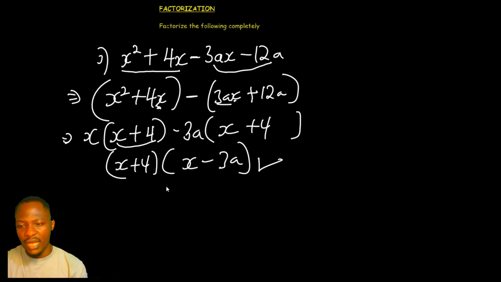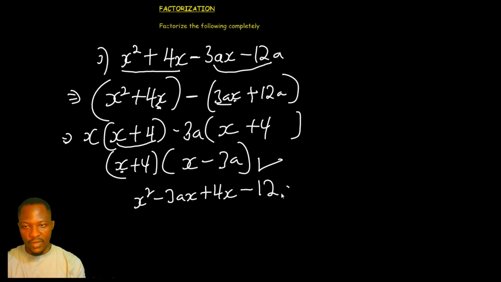Now to prove that your answer is correct, we can also multiply the first term here, the x, by this bracket. So x times x will give us x squared, x times negative 3a will give us negative 3ax, 4 times x will give you positive 4x, and then 4 times negative 3a will give you negative 12a.